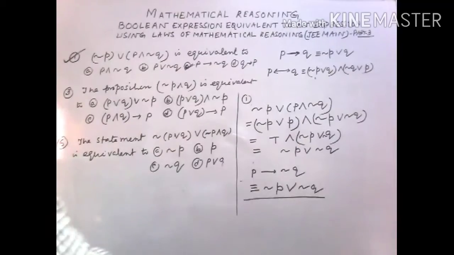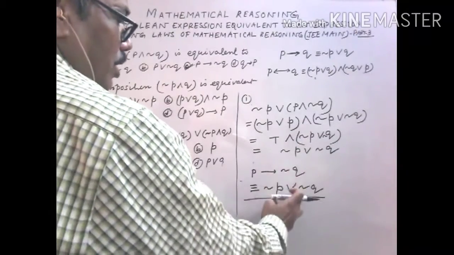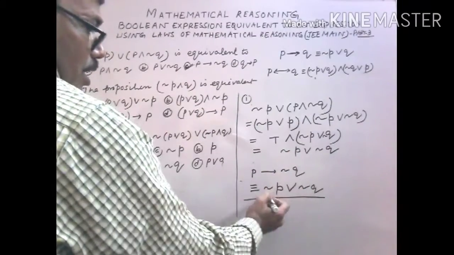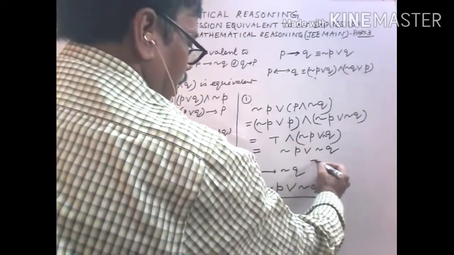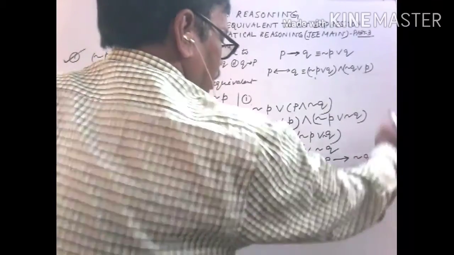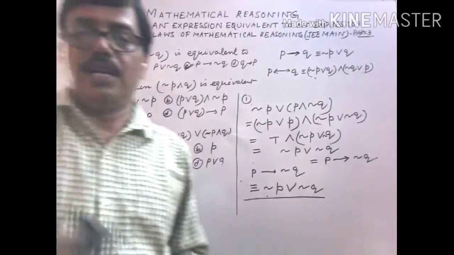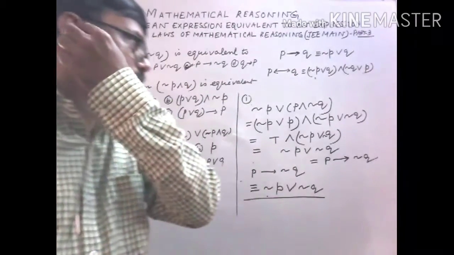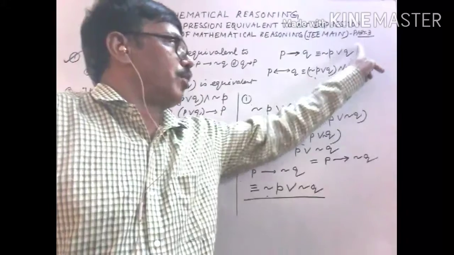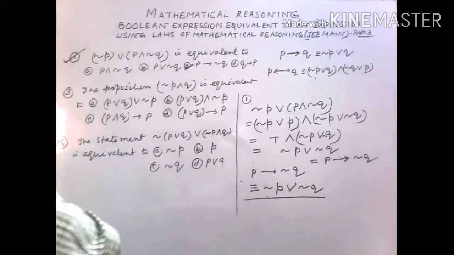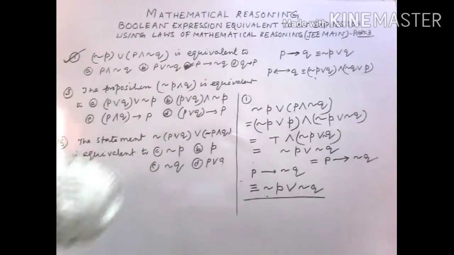Look, these and these are equivalent. So we can write the answer is P conditional negation Q. This is most important. You have to recall this theory and this theory. So that was problem number 1.